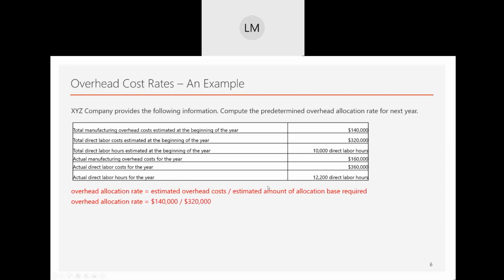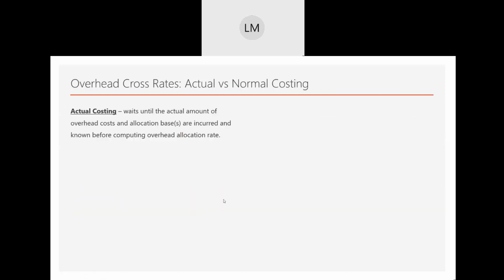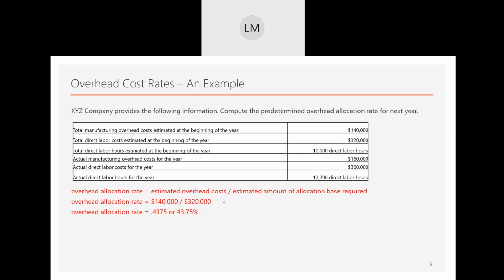Well, we're looking at total manufacturing overhead costs, $140,000, divided by the estimated direct labor costs for the year, $320,000. So what is my overhead allocation rate? It's going to be 0.4375 or 43.75%. And that's our allocation rate here.